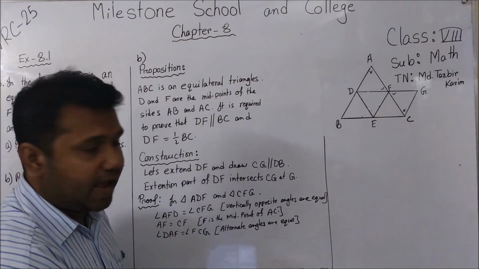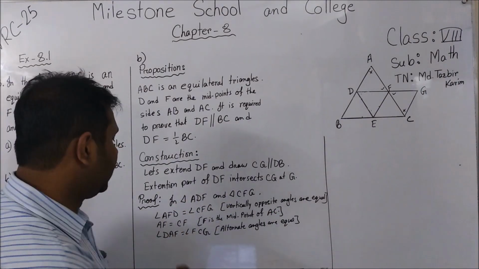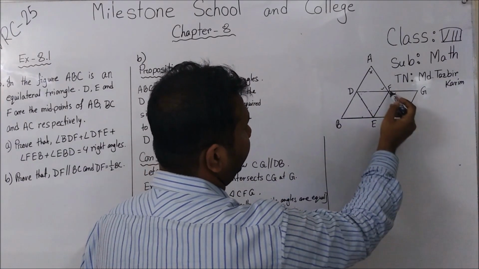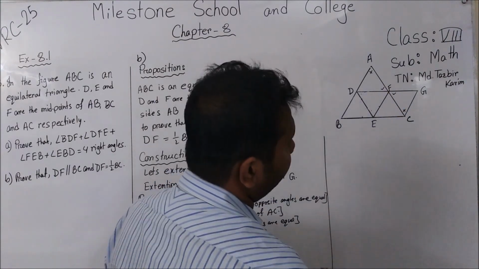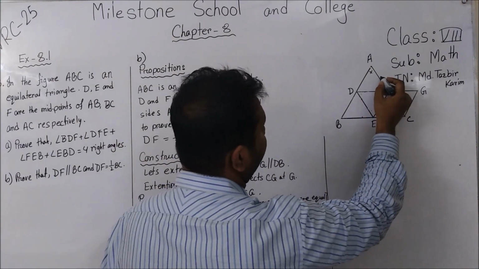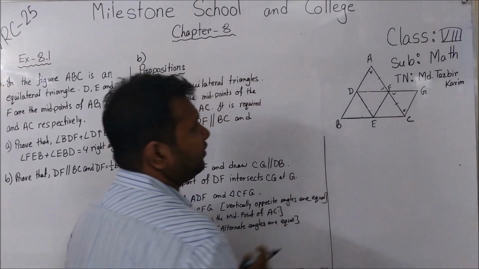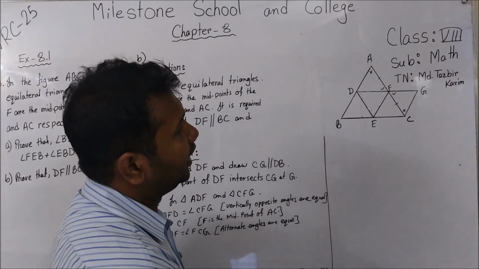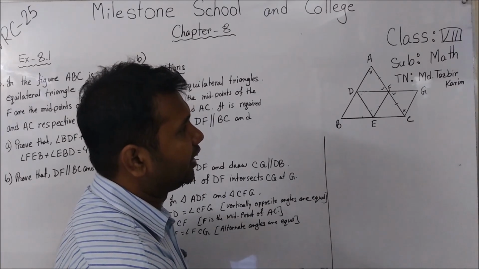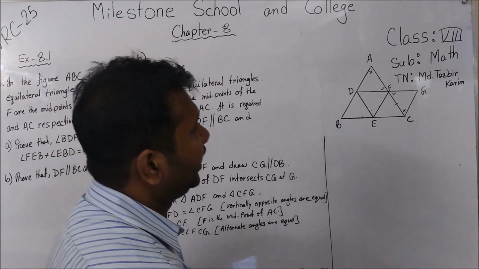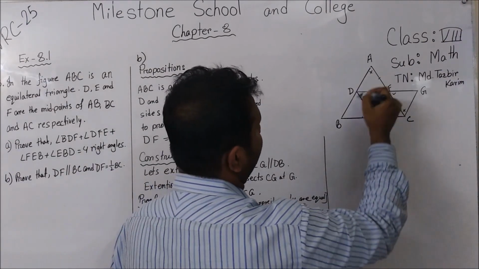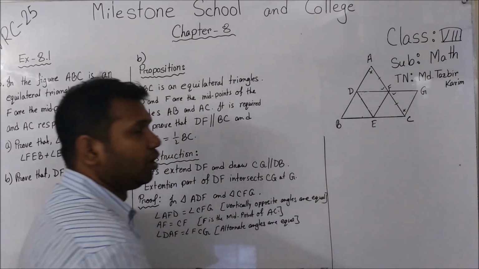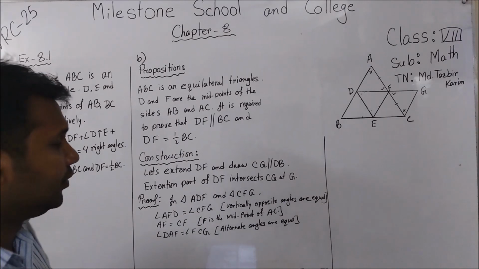In these two triangles, I got three pieces of information that are equal. One is AFD, this angle, and CFG, this angle, are vertically opposite angles, so they are equal. Then I got AF equal to CF, as F is the midpoint, and again I can tell that angle DAF equal to angle FCG, as they are alternate angles, so I can say these are equal.